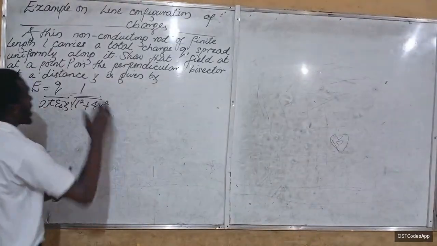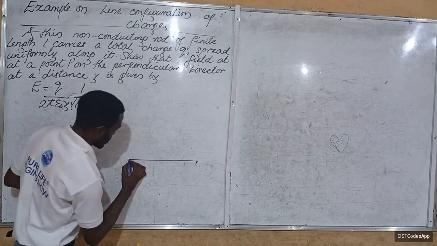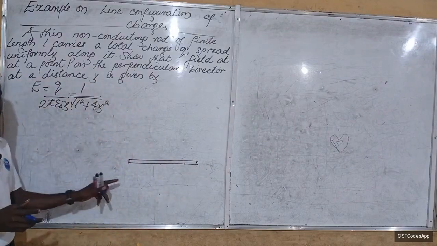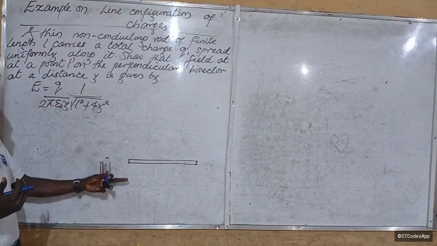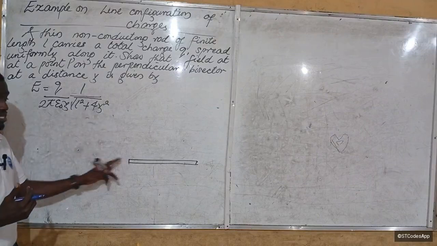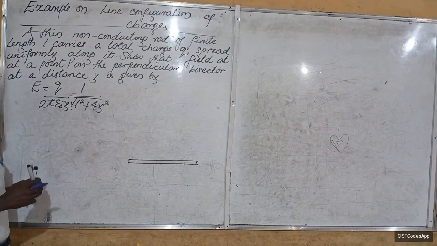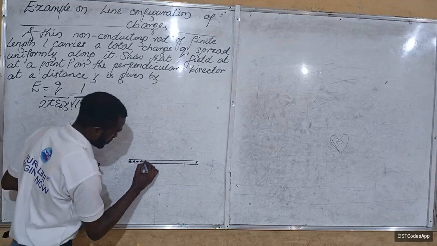So we have a long non-conducting wire, and it has a finite length. Our wire is thinner than this, but for visibility, I am making it this thick. Our wire is very thin and the charges are distributed over it uniformly.